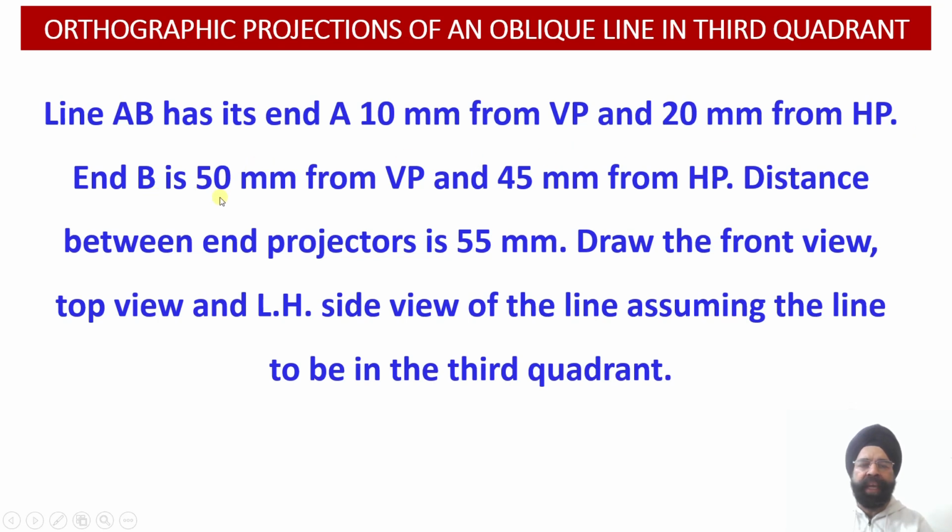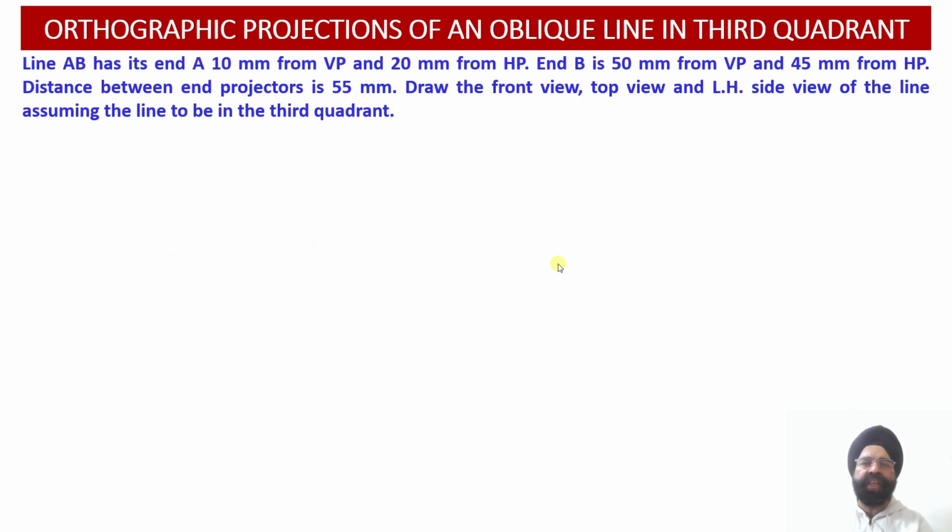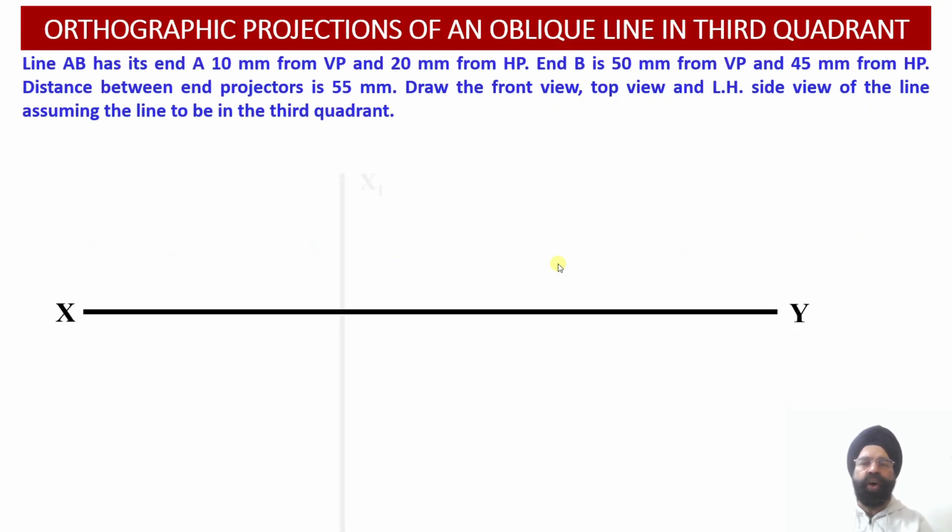Similarly, the end B will be lying 50 millimeter behind the vertical plane and 45 millimeter below the horizontal plane, and the distance between the end projectors will be taken as 55 millimeter. So with this information, we are going to proceed to evaluate the orthographic projections of this line.